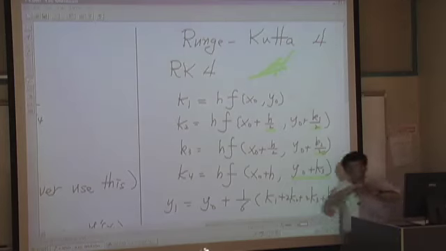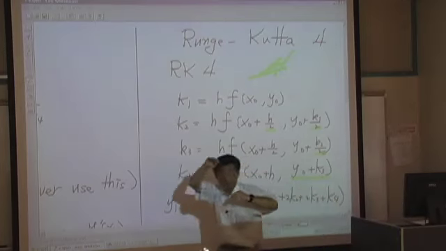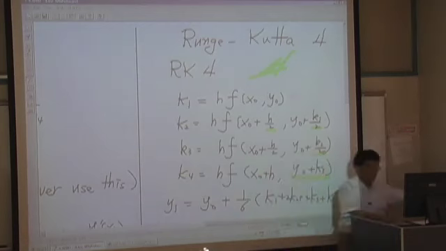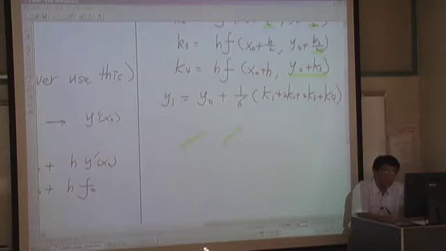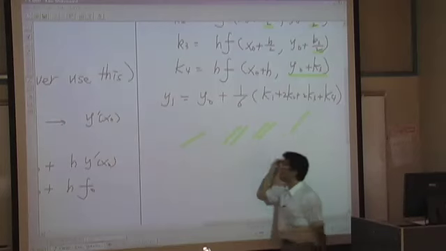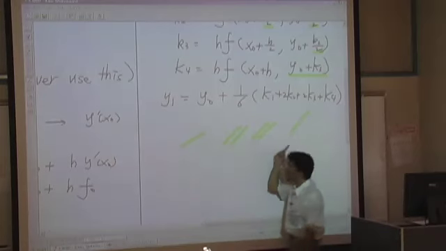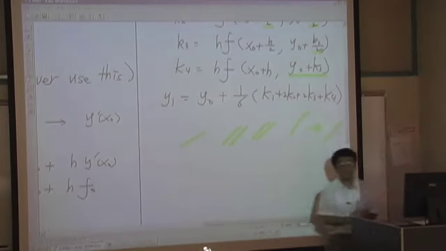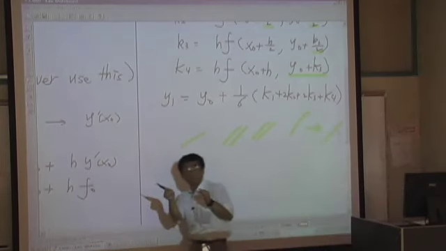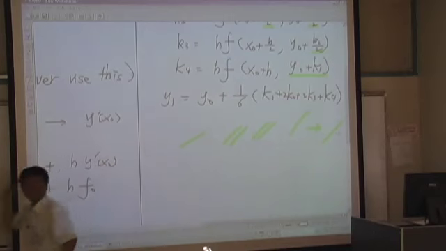Then we have 4 different slopes. We add these slopes and average them: first slope, second slope counted twice, third slope counted twice, and then the fourth. This weighted average determines the average slope, and this average slope determines the next position. This is RK4. Do you follow me?